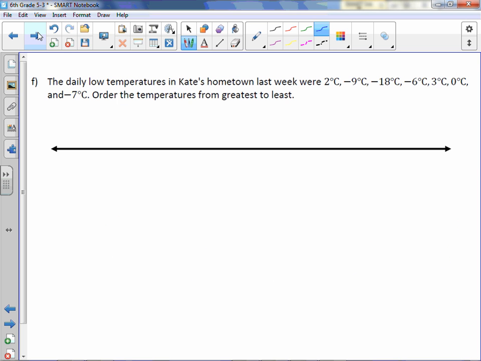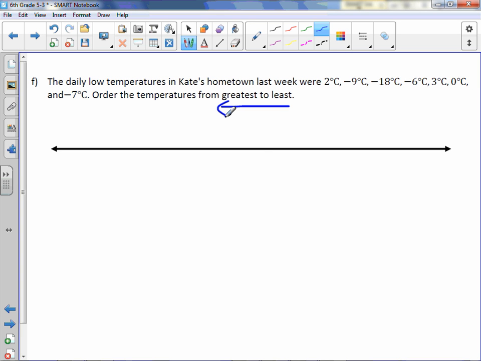The daily low temperatures in Kate's hometown last week were 2 degrees Celsius, negative 9 degrees Celsius, negative 18 degrees Celsius, negative 6 degrees Celsius, 3 degrees Celsius, 0 degrees Celsius, and negative 7 degrees Celsius. Order from greatest to least.